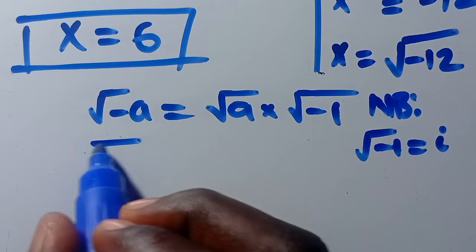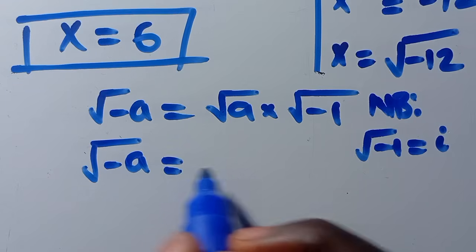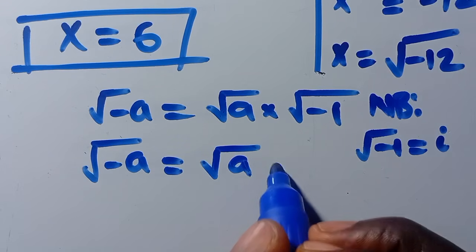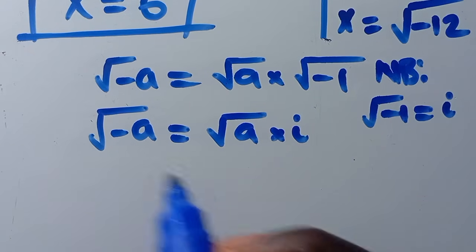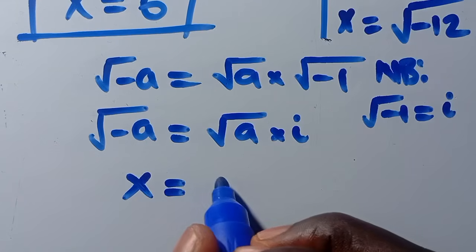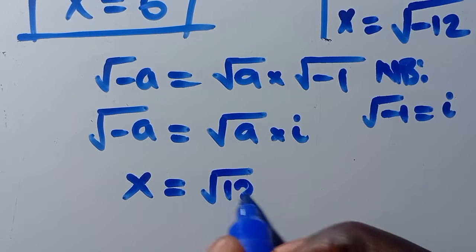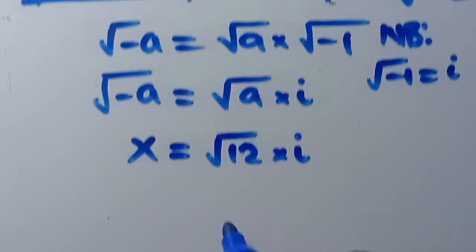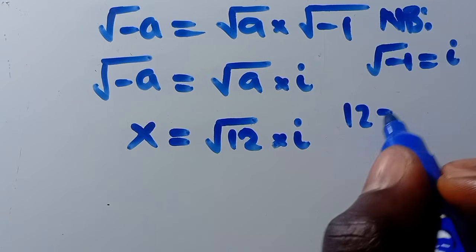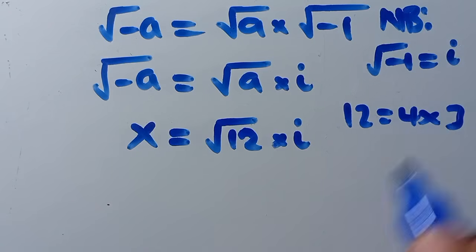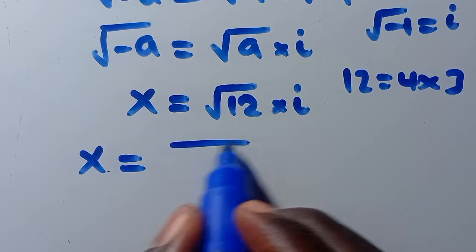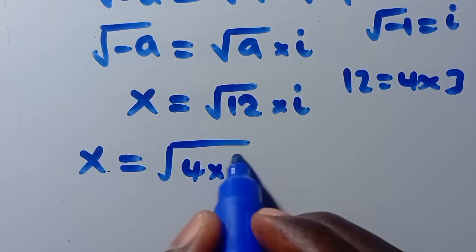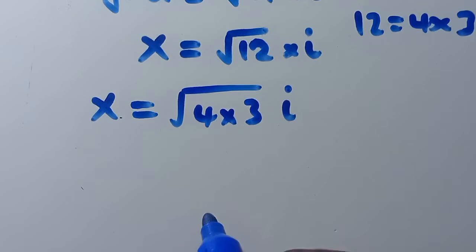So root of minus a equals root of a times i. So from here we have x equals root 12 times i. And 12 equals 4 times 3.